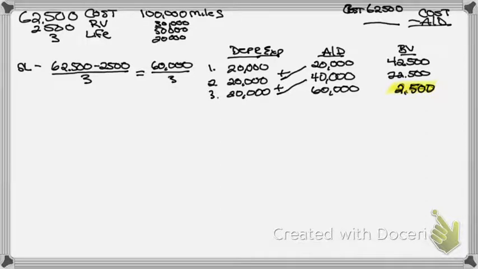All right. Any questions on straight line? How to calculate accumulated depreciation or book value? Because we're going to do those exact same steps now for units of production.